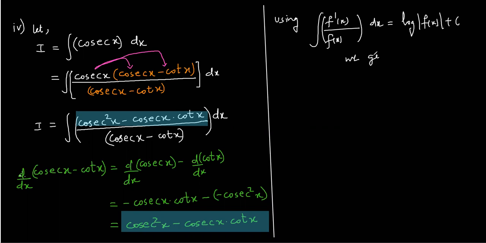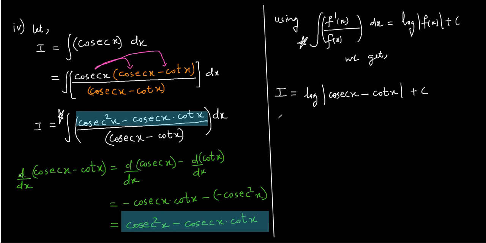I will get I equals to, I'm using this corollary here. Why am I using it here? You know it, because the derivative of the denominator is present in the numerator. I get I equals to log of mod of cosec x minus cot x plus c.